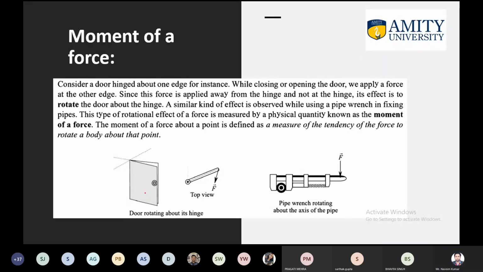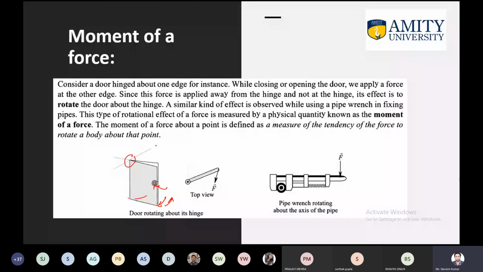So this door is trying to rotate about this hinge, in this direction for closing it, and in this direction for opening it.